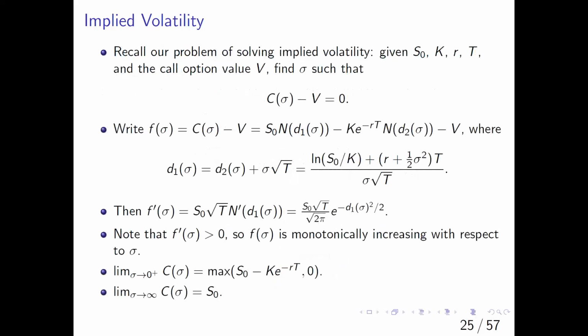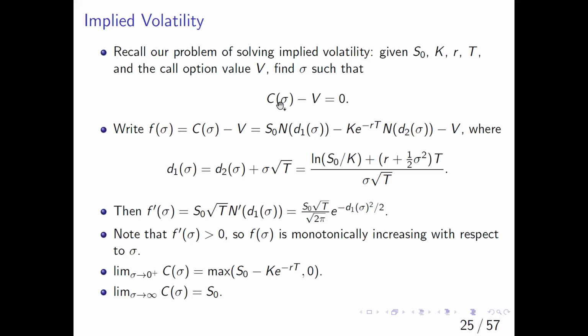So let's look at how to calculate implied volatility using the Newton-Raphson method. Our target is to solve for the implied volatility given these items: current spot price, strike level, risk-free interest rate, time to maturity, and also the option value.